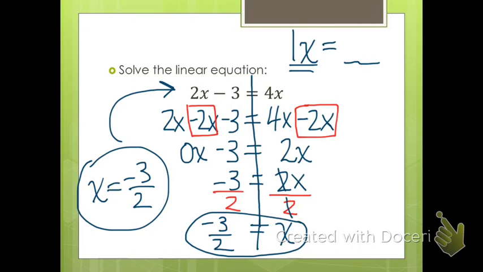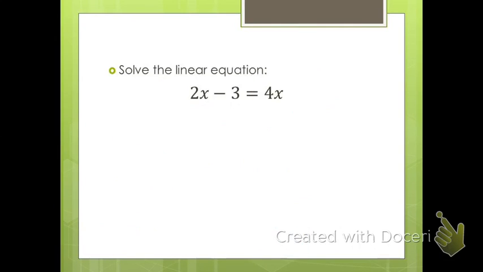Okay, so one thing you want to do with all of these is to check your solution. We used the properties of equality, and we said x is negative 3/2. So what I want to do now is what we did in lesson 3, which is to check and see if it's a solution. So I'm going to put that value for x in.